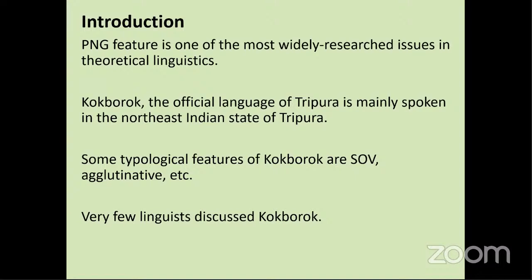PNG feature is one of the most widely researched issues in theoretical linguistics. It has become an essential feature that guides linguistic processing. As a phenomenon, if 2 words are said to agree in a sentence, they share certain features such as person, number, gender, or others.